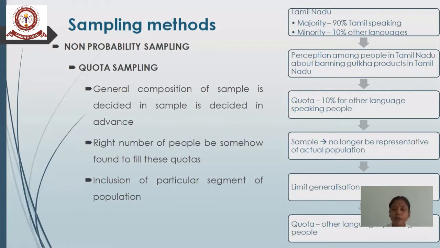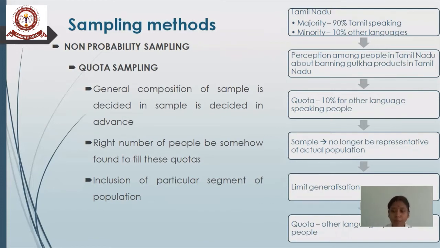So if we are conducting a study about the perception among people in Tamil Nadu about banning hookah products, then we should include both the Tamil speaking people as well as the other language speaking people. For example, if we consider that there are around 90% Tamil speaking people and 10% other language speaking people, then we should include both.